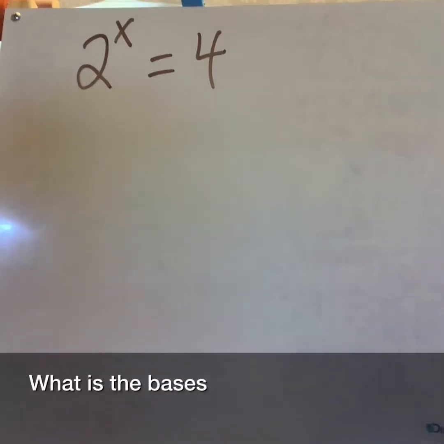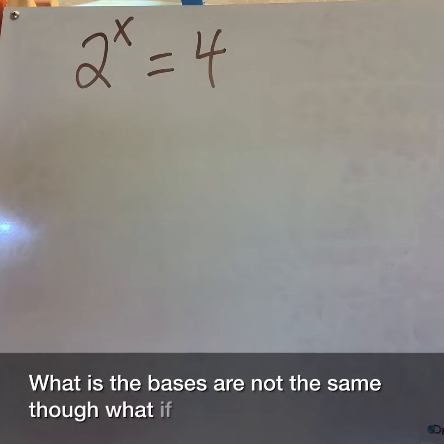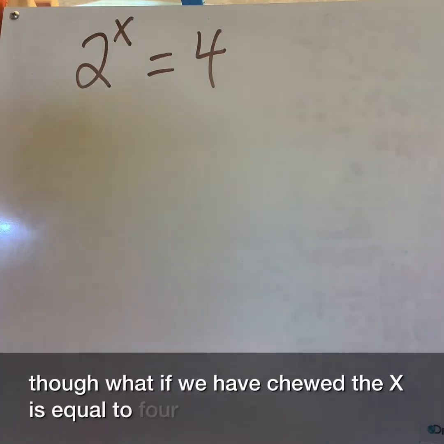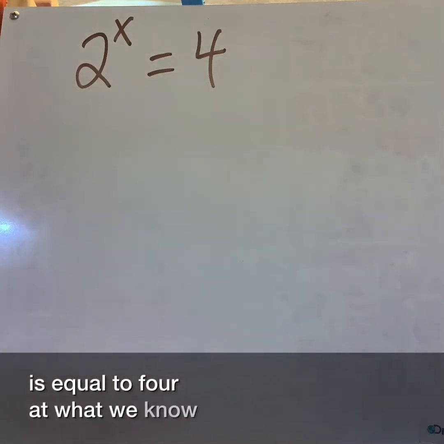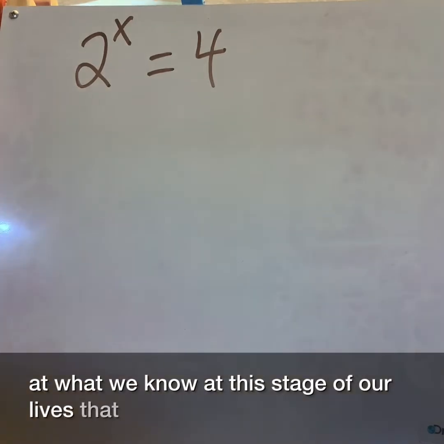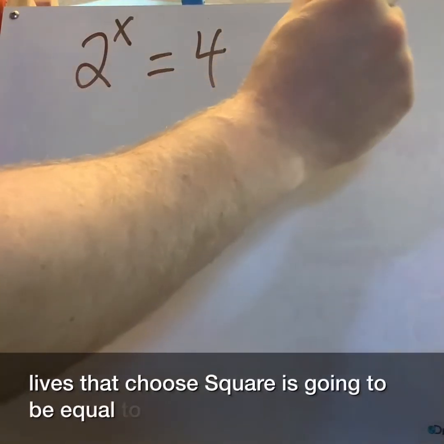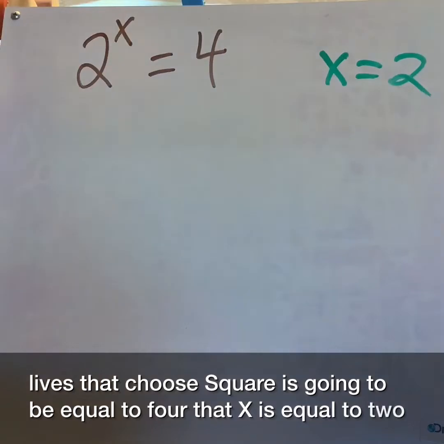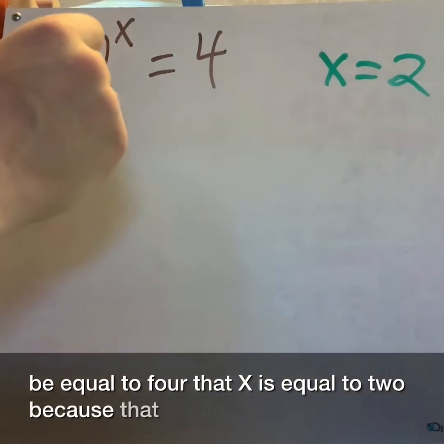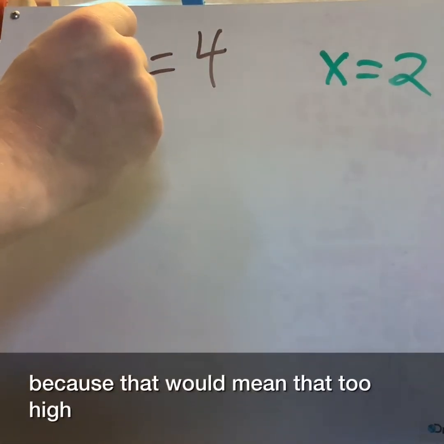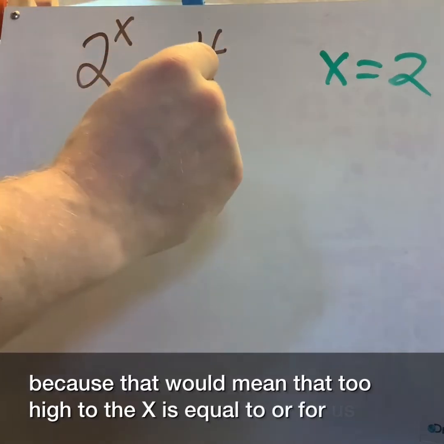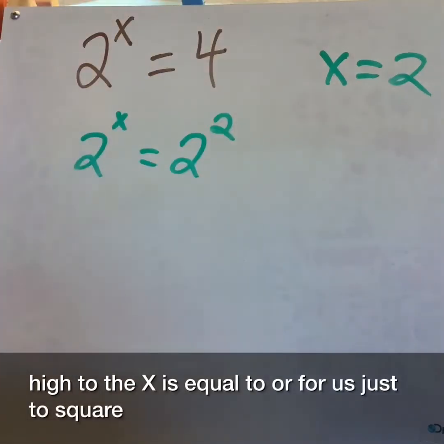What if the bases are not the same, though? What if we have 2 to the x is equal to 4? Well, we know at this stage of our lives that 2 squared is going to be equal to 4, so x is equal to 2, because 4 is just 2 squared.